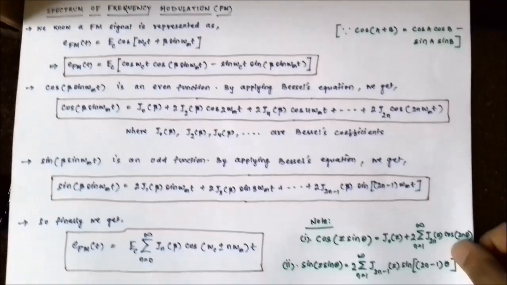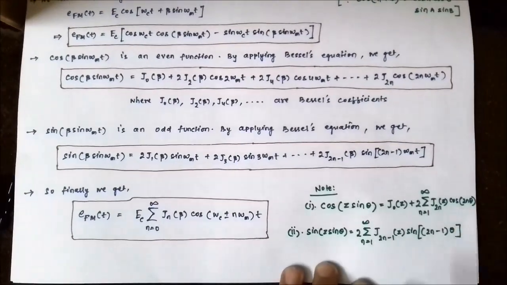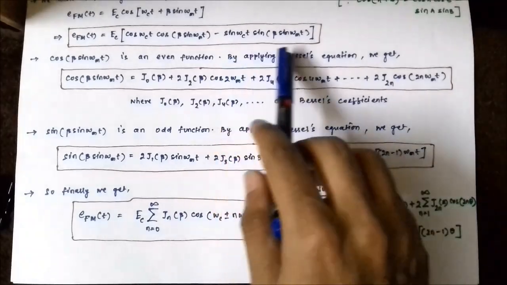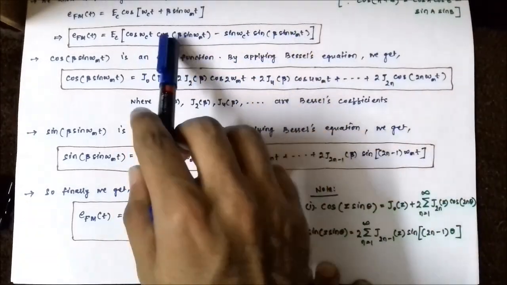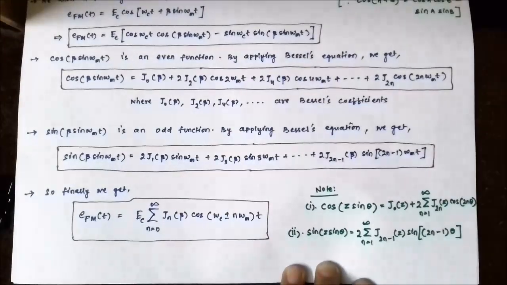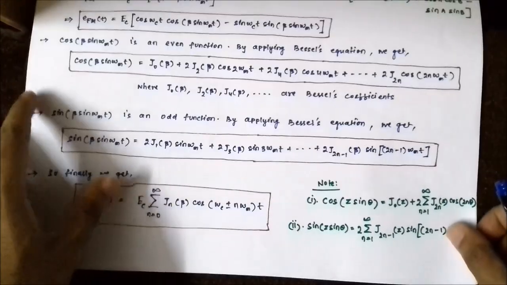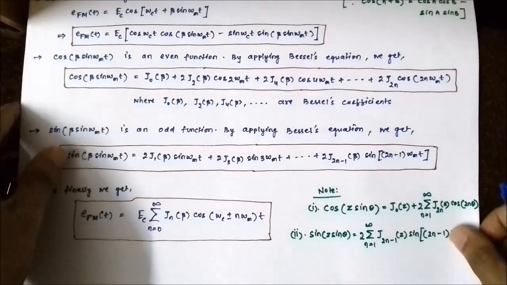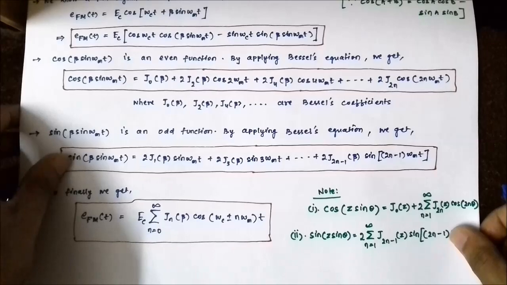Okay, here are the Bessel's formulas for these sorts of expressions. First we have cos(beta sin omega_m t). We know that a cos function is always an even function.